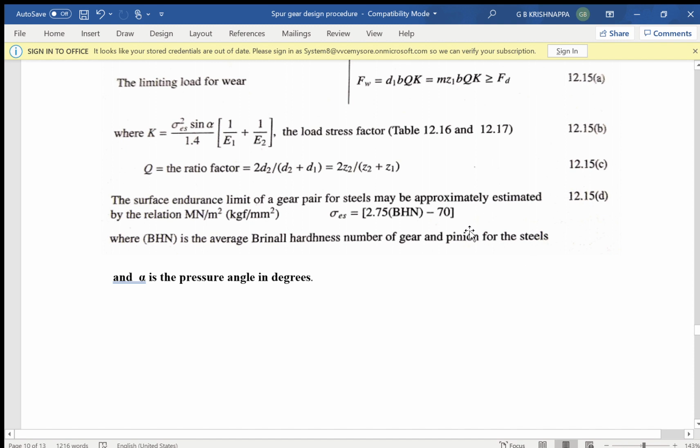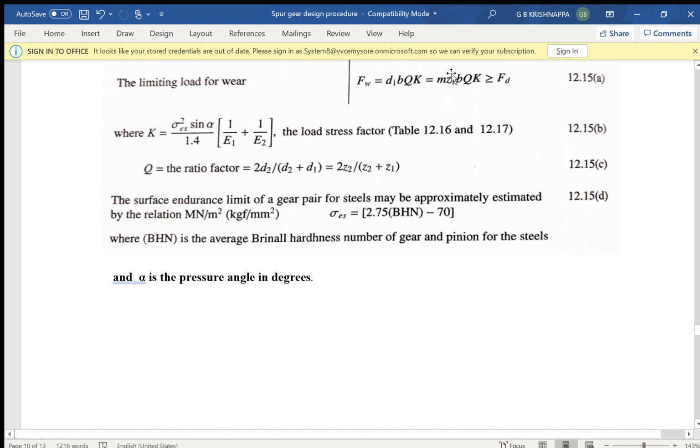If you want to find out BHN, then the materials are known to you. Find out sigma ES and substitute it here after knowing the K value. You know that for safe design, FW must be greater than or equal to FD. FD you have already calculated.